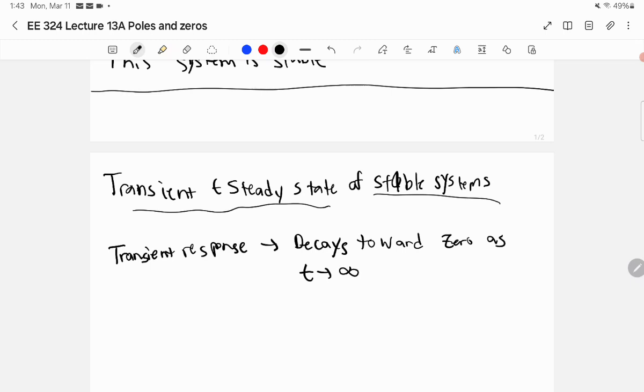Any kind of exponential term with t in the exponent, and it has a negative sign in front of it, I should say, is going to decay towards 0, whereas the steady state response does not. Basically, no growth or decay.